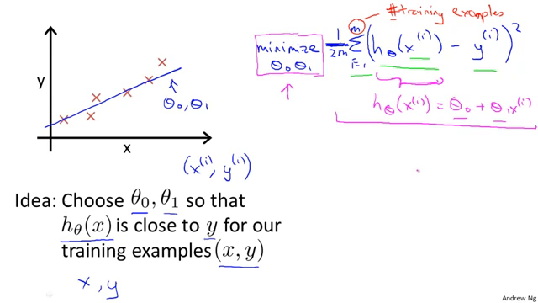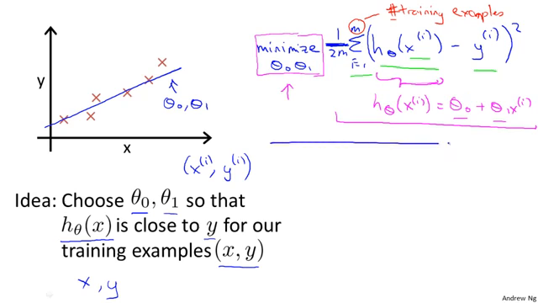So just to recap, we're posing this problem as: find me the values of theta 0 and theta 1 so that the average, or really 1 over 2m times the sum of squared errors between my predictions on the training set and the actual values of the prices on the training set, is minimized. So this is going to be my overall objective function for linear regression.